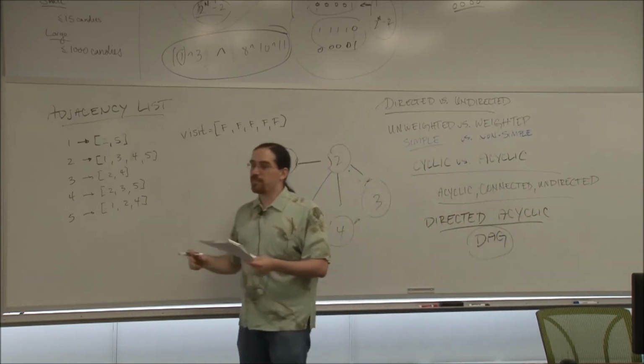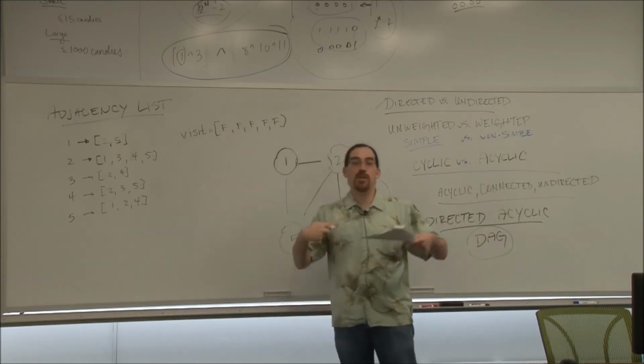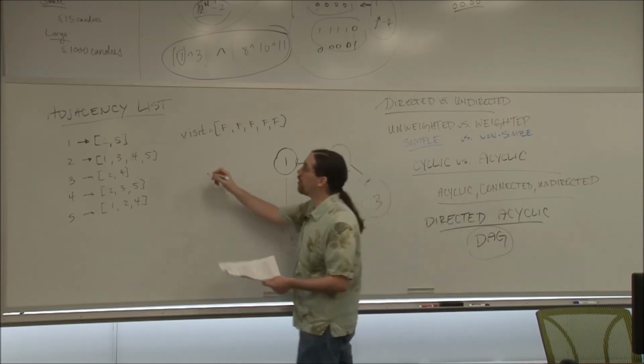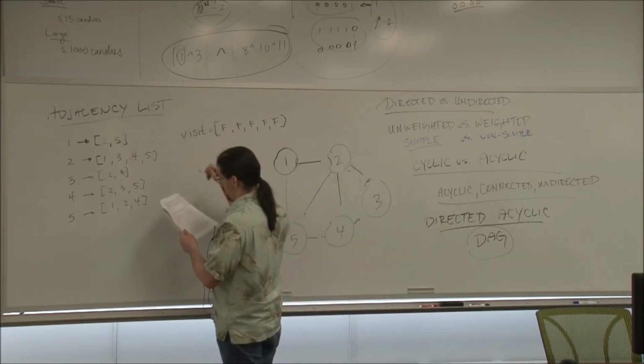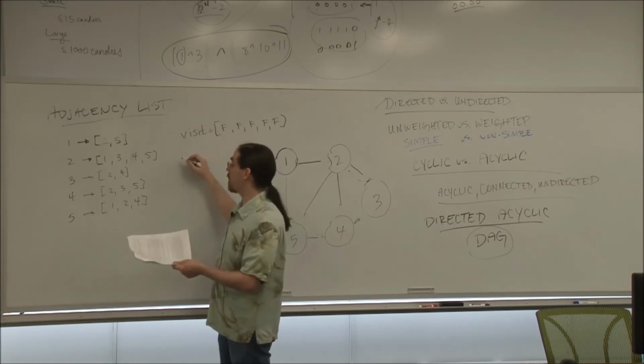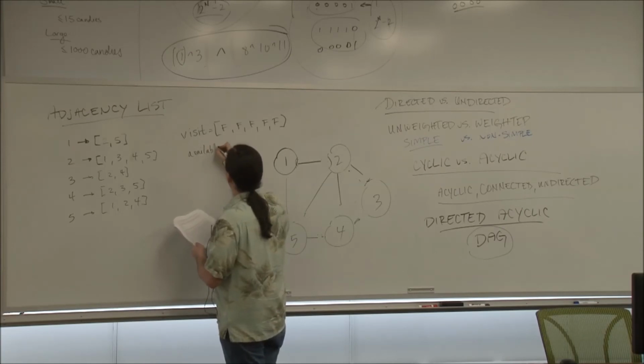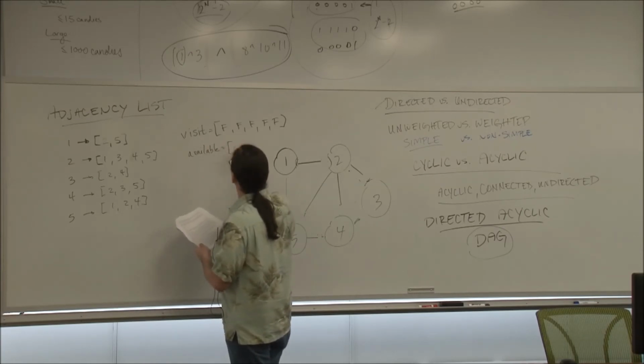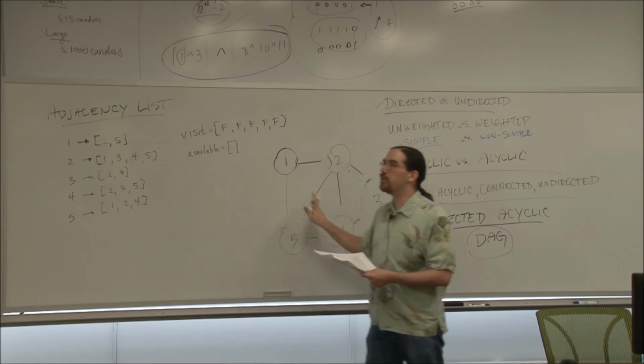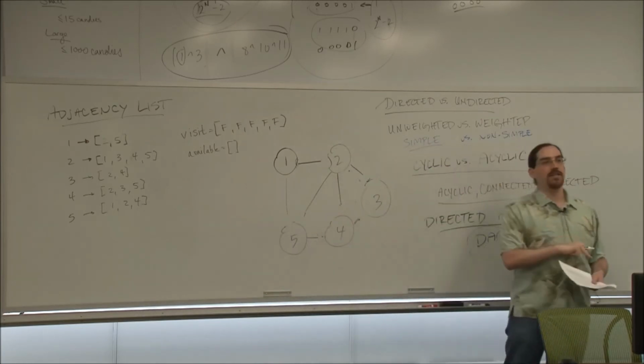And then to make sure that we visit everything we could, we're going to create another data structure, and I'll get into exactly what that data structure is going to be, that marks nodes that we could visit, but we haven't visited yet.